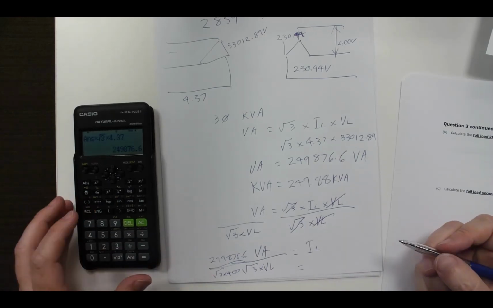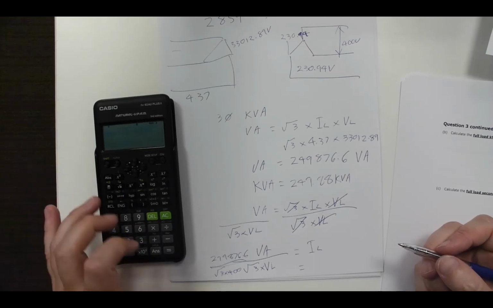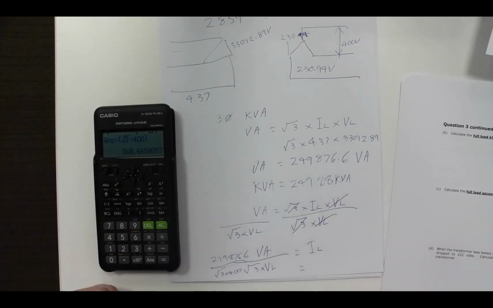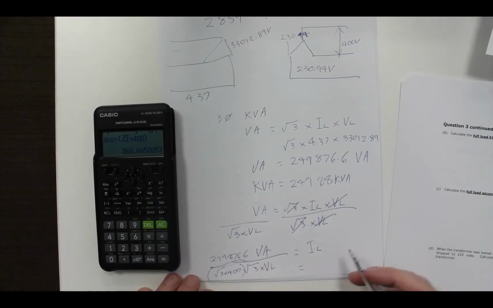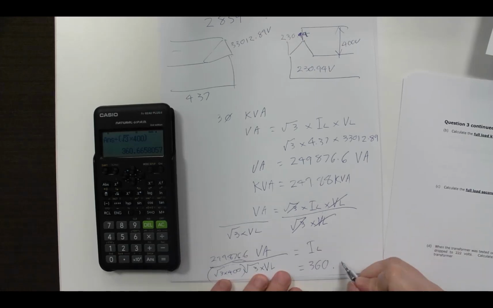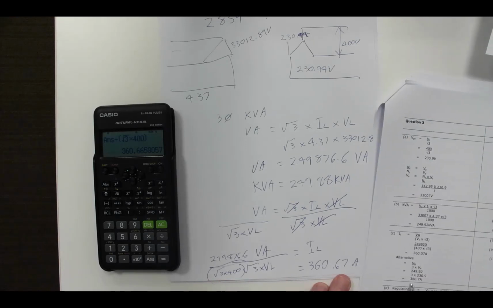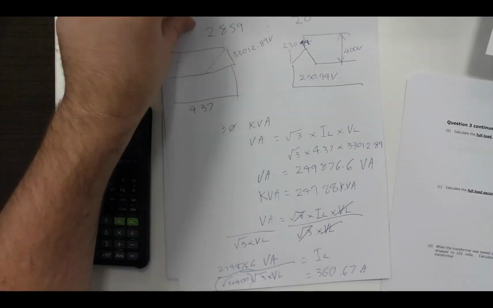And so we get, if I divide by root 3 times 400, and you'll notice I had to put that in brackets because they're implied when you do a line like that, 360.665, so 6, 7, and grab the answer sheet. They rounded up a little bit more, so 360.7 amps, both correct within margin of error.